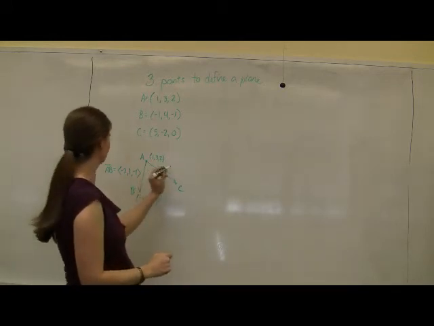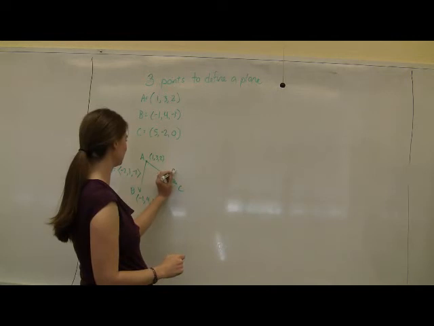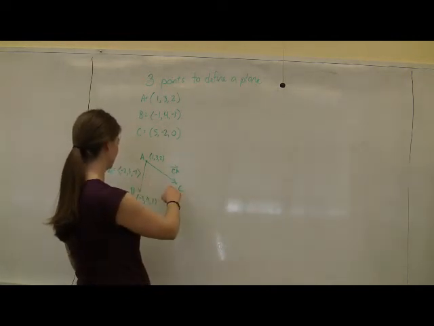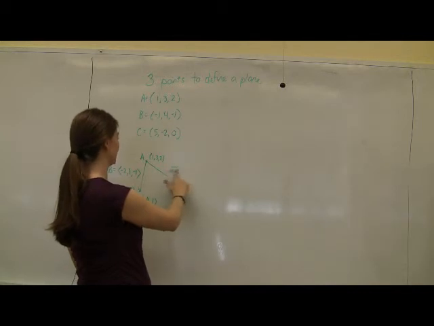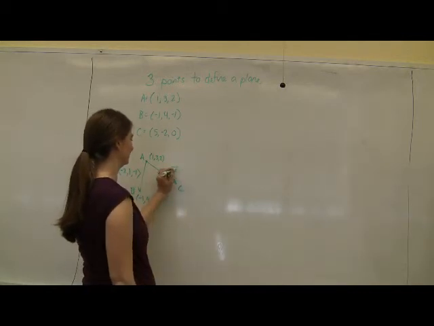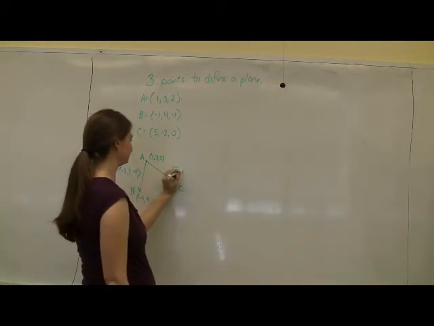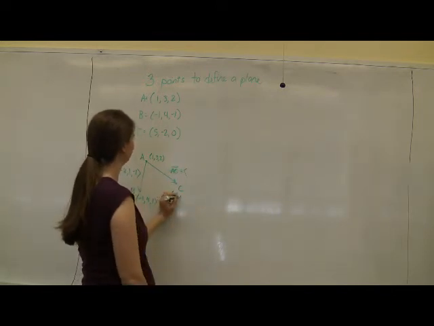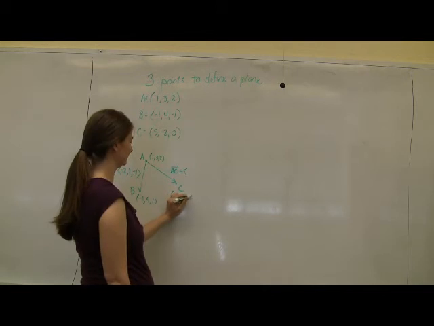And then on my next vector, I guess maybe I should write this as the vector CA, because it's actually, no, it's AC, because it's starting at A and moving to C. Either way, it would be the negative of it. And C is my point 5, negative 2, 0.